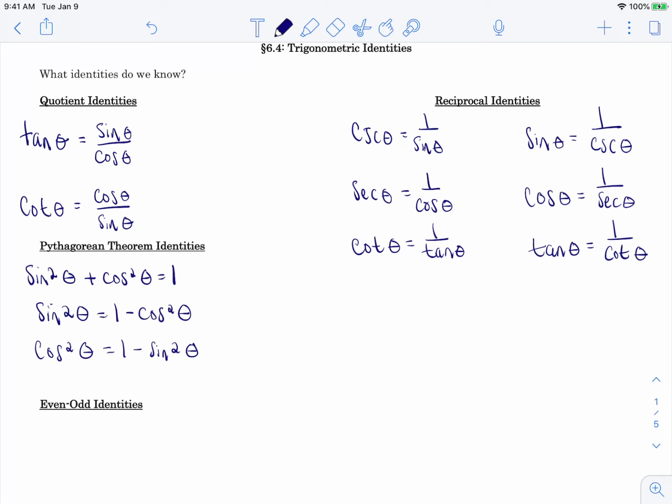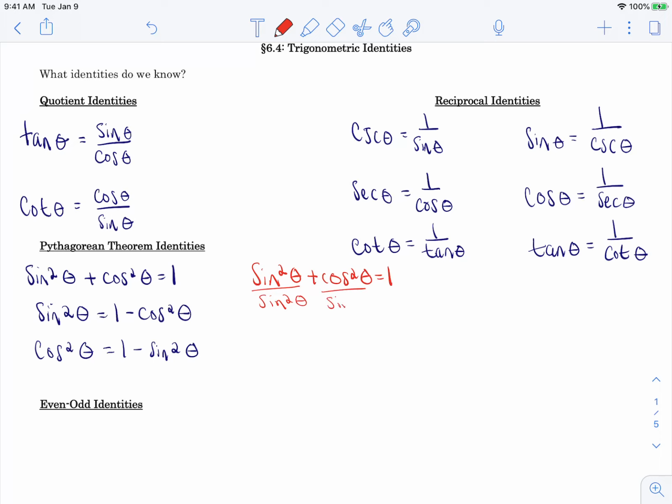Now, the other two that come from this Pythagorean theorem identity, we have talked about, and I believe it was in 5.3 is my memory. Well, what we can do is take this identity and divide it by sine squared.